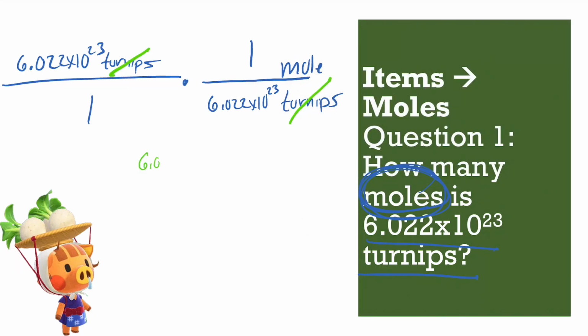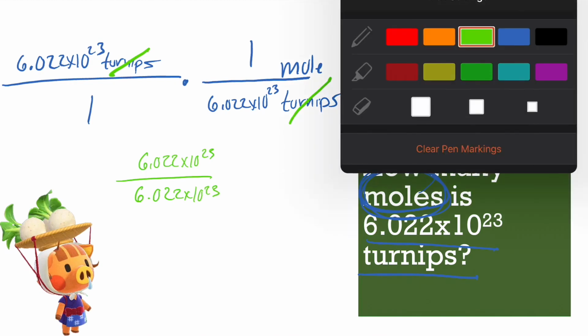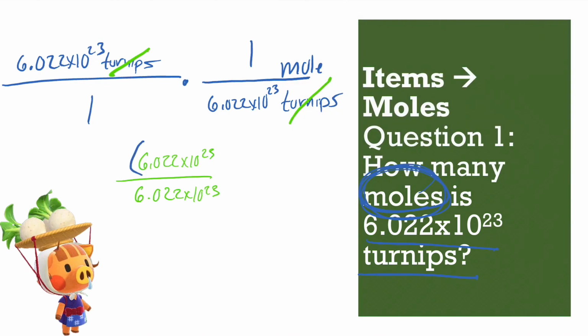You're left with 6.022 times 10 to the 23 divided by 6.022 times 10 to the 23. If you're doing this on a calculator, which you probably are, you need parentheses around this, and you get 1 mole. So you bought 1 mole of turnips. Just imagine the profit on that.